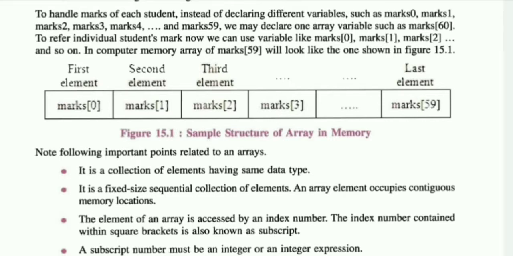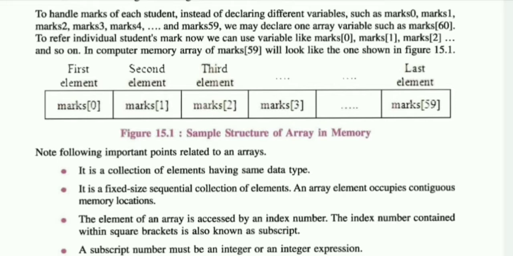The index number is contained within square brackets. Here you can see like this: mark 0, mark 1, mark 2, mark 3. So like this, the index number will be written in square brackets, and it is also known as a subscript. So here you have to remember the index numbers are also known as subscripts.